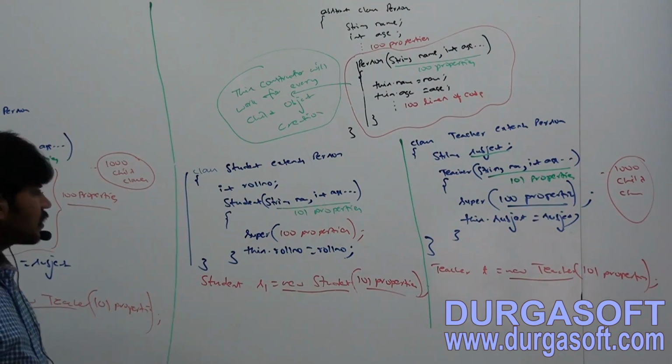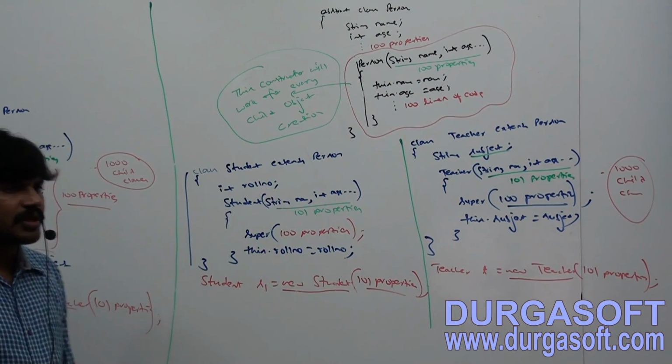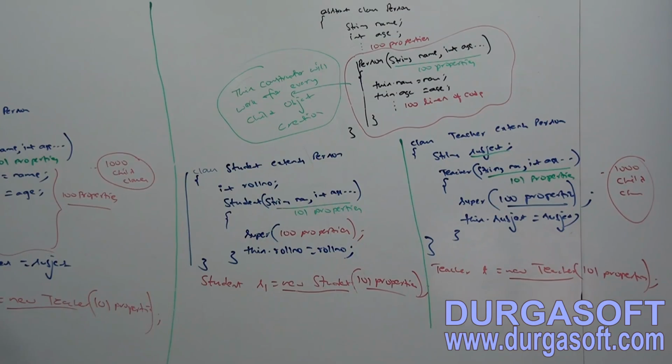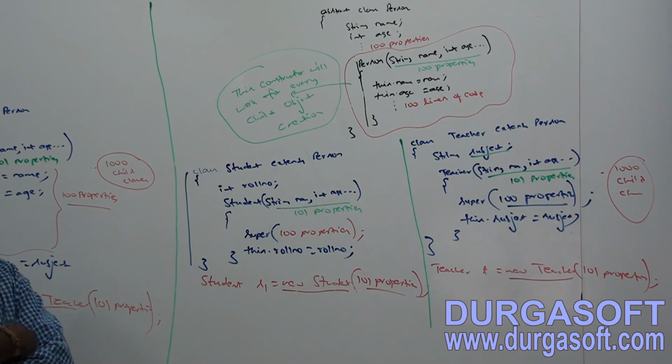So in every child constructor we have to take only 2 lines, but in the first approach, in every child constructor we have to take 101 lines. Completed, right? So this code, this type of approach, is highly recommended.